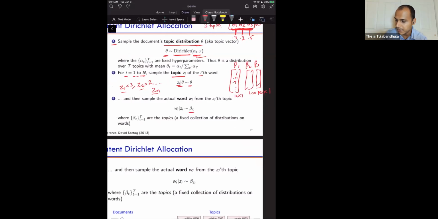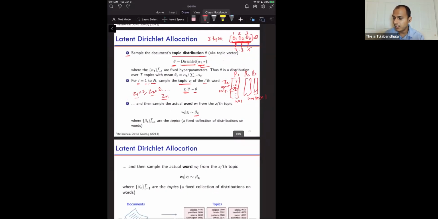Let's say the first word is from topic 3, the second word is like a sport, and the third word is, let's say, weather, like temperature, and so on. So you can see that if the words corresponding to weather have higher probabilities in beta 1, then beta 1 maybe corresponds to the weather topic. Because I've already designated what topic each word should be, I just go back to beta and draw a sample from the appropriate topic.